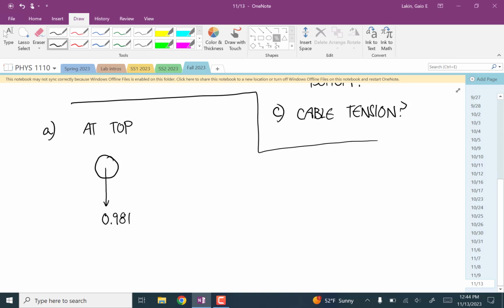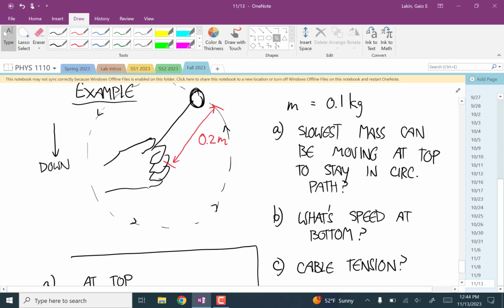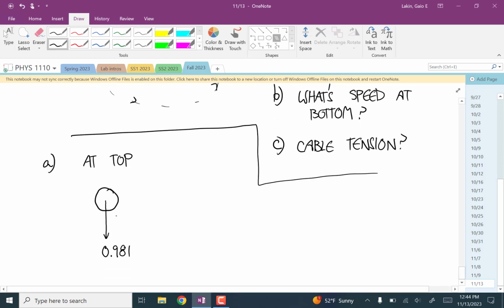What direction would the cable force act when this thing is at the top of the circle? Yeah, right, down. Because it's parallel to the cable, away from the body, so it would be that. Same direction as gravity. When we later do a free body diagram at the bottom of the circle, it'll be opposite gravity.